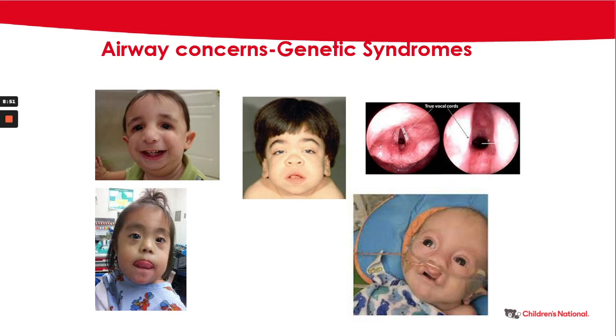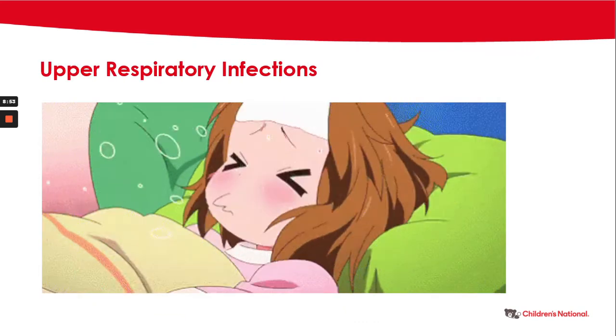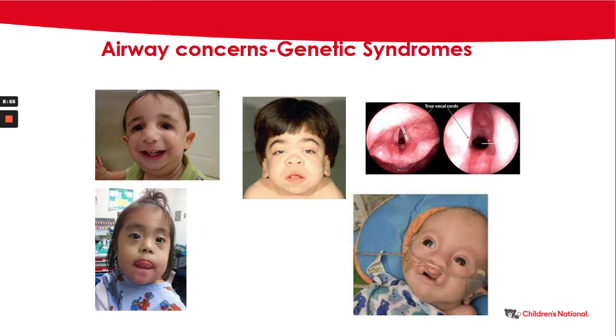In addition, we see a patient with Hurler's syndrome or mucopolysaccharidosis. They can be extremely challenging to intubate. Another patient here has trisomy 18. This child can be difficult to intubate, and a lot of times it can get worse as they get older.